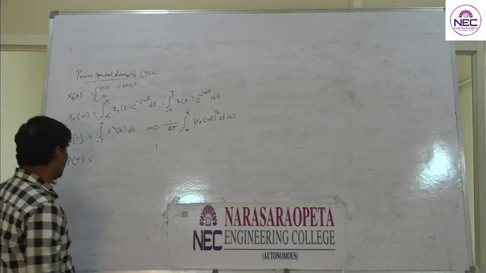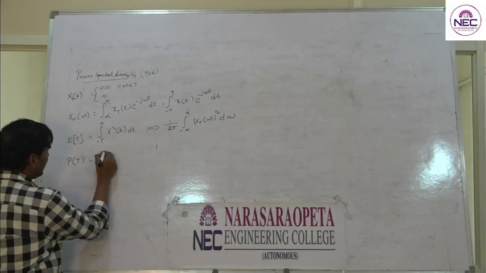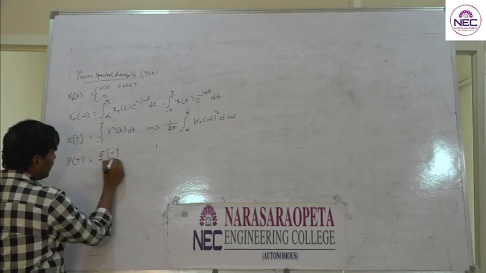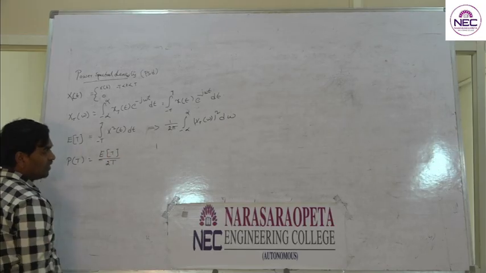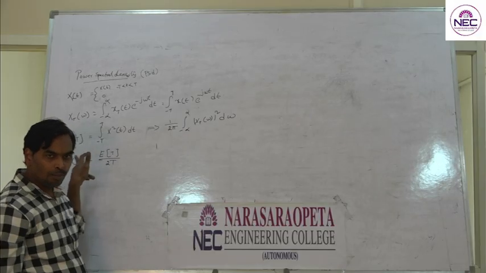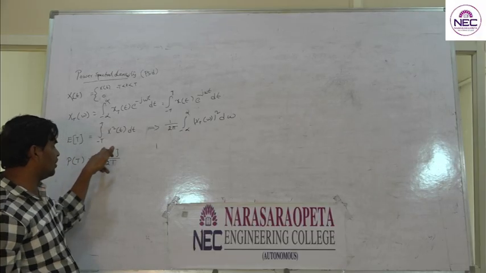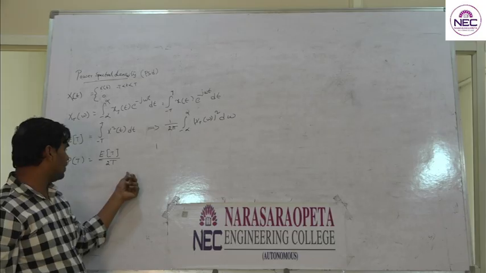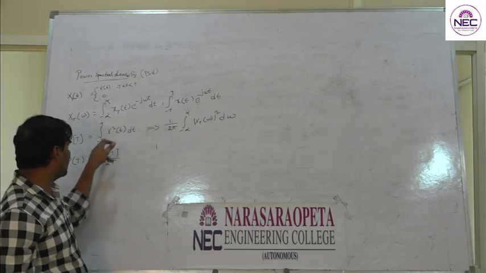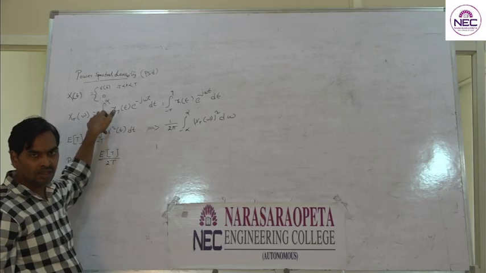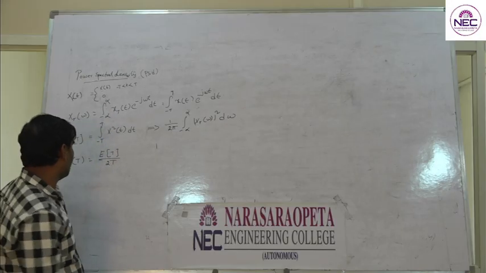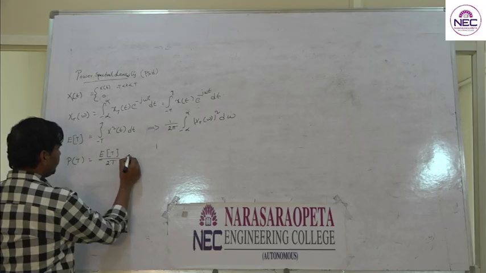If the energy signal is divided by twice the time interval, then it will be our power signal. So P of t is equal to E of t by 2t, where t is the time interval, as we said minus t to t.